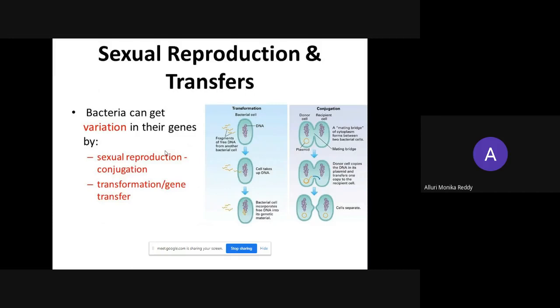We already know them very well. In such cases, the bacteria may become resistant to antibiotics. With the help of these recombination methods, the bacteria become resistant to antibiotics, and there is a variation in the genetic material as well. Yes, we get genetic variation.